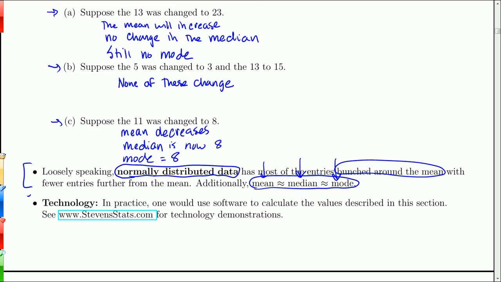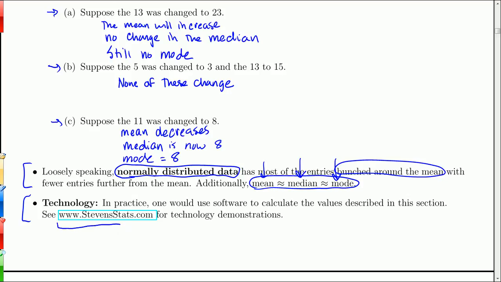In practice, if you were calculating the mean, median, or the mode, and you had more than a dozen numbers or so, you'd probably do that with software. Any statistical software will do that for you. Graphing calculators will do that for you. But for the example problems in the book, the number of data elements will be small, so doing it by hand is not particularly cumbersome. But if you get more than a handful of numbers, you probably want to use software.